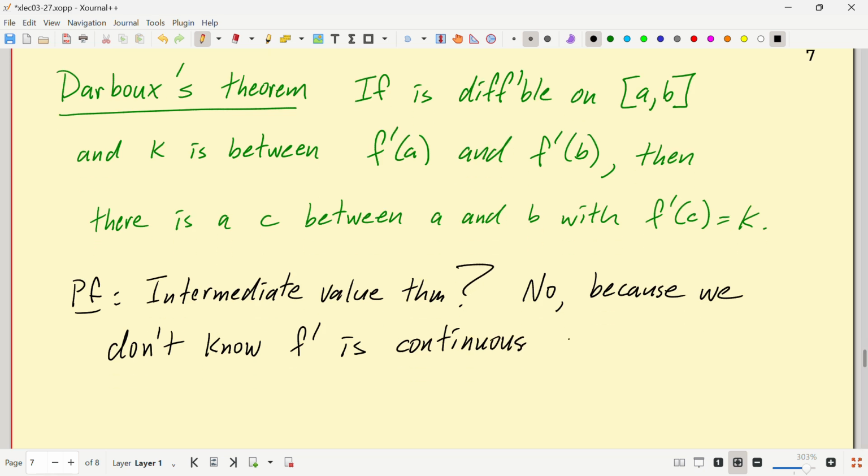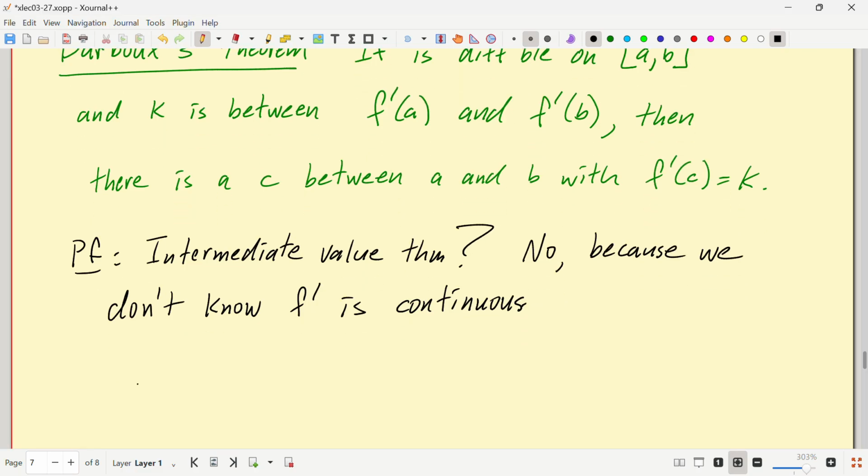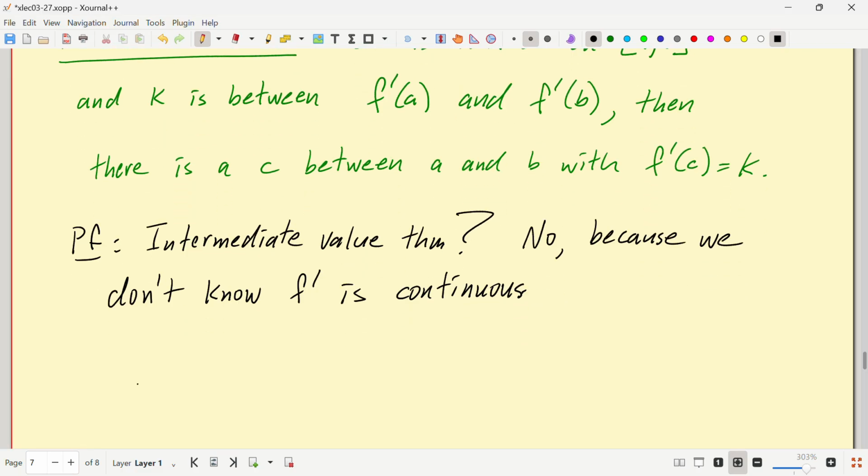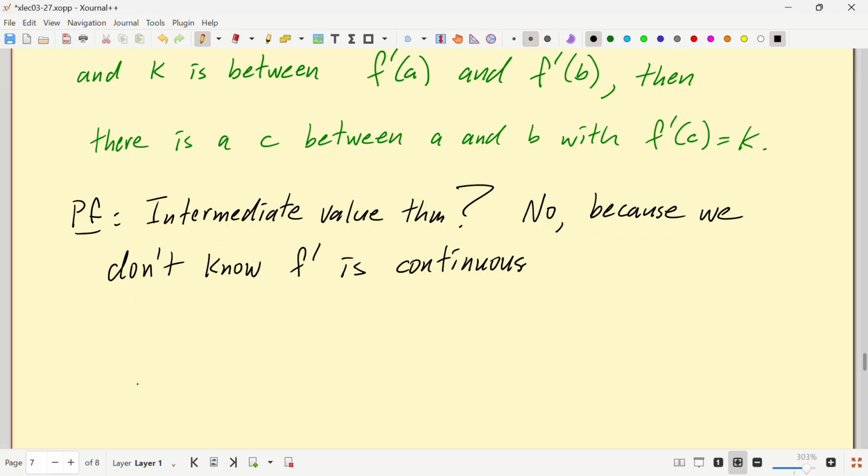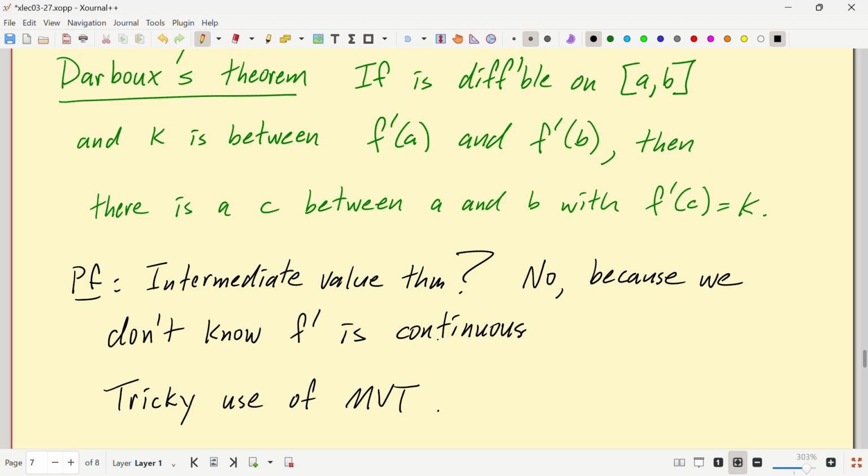The proof is a fancy application of the mean value theorem. It's not terribly fancy. It's just a couple of sentences long, but I don't have time to do it in 1 minute. So I'll say tricky use of the mean value theorem. Anyway, read it. It's not hard, and it's an interesting fact that you get a mean value theorem for derivatives even though you don't assume the derivatives are continuous. Of course, if they were continuous, you could use the intermediate value theorem.